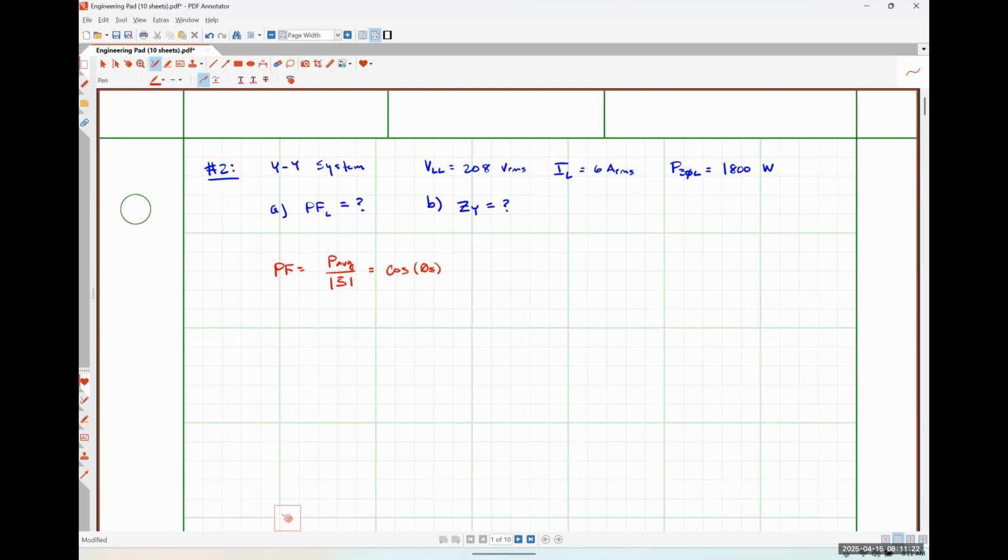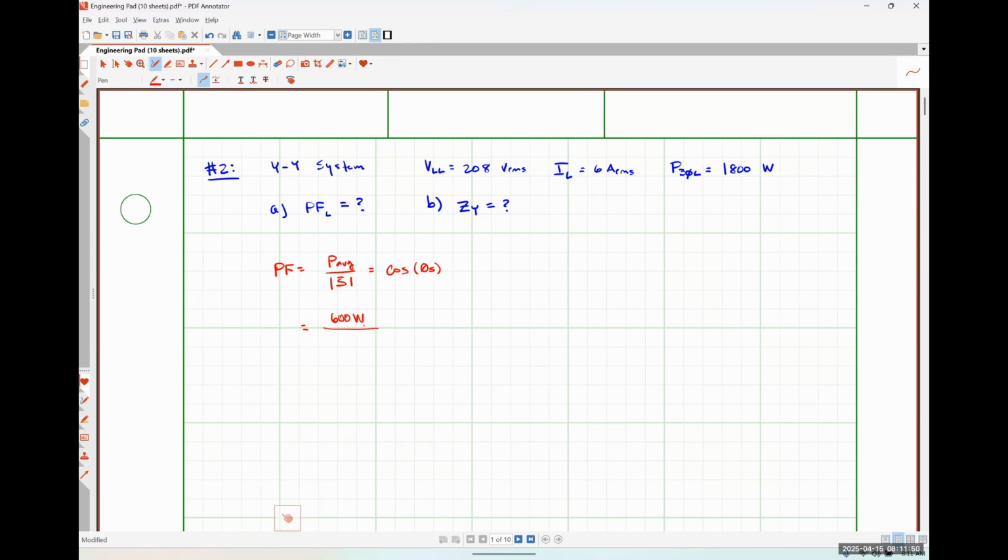So we were given the average power, the total average power absorbed by our 3-phase load. So we could easily find the average power on a single phase of our load simply by dividing P 3-phase by a factor of 3, right? So this is going to look like 600 watts.